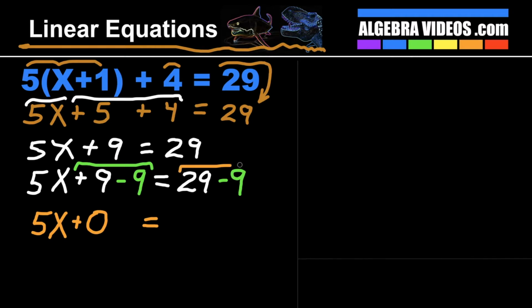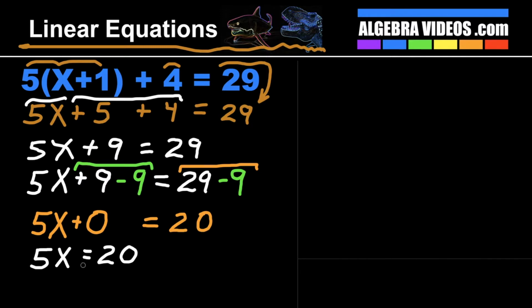What's 29 minus 9? That is just 20. So now I will write it once again, and I'll leave out the 0 this time. 5x equals 20.